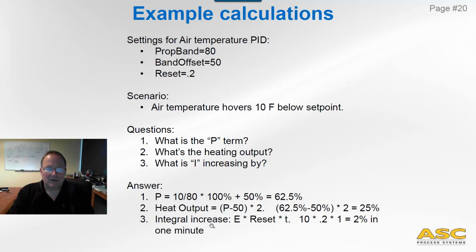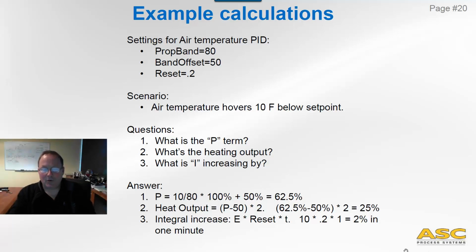So you should get good at looking at this stuff and quickly trying to figure out what that output would be. Now, if I remain hovering at 10 degrees below, I've got an error of 10 degrees, and over 1 minute, that area is going to be 10 times 1, 10. And if my reset is 0.2, I multiply that by 0.2, and I get 2% added to my integral per minute, because it's integrating that error, multiplying by that reset, and adding that to the I term.